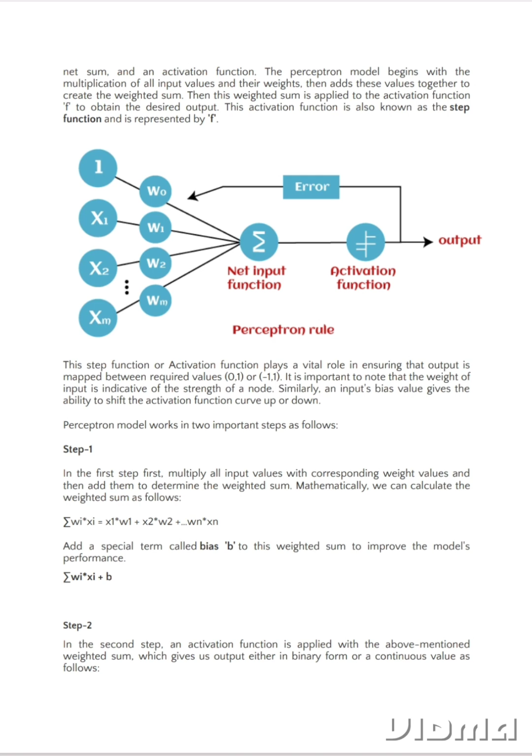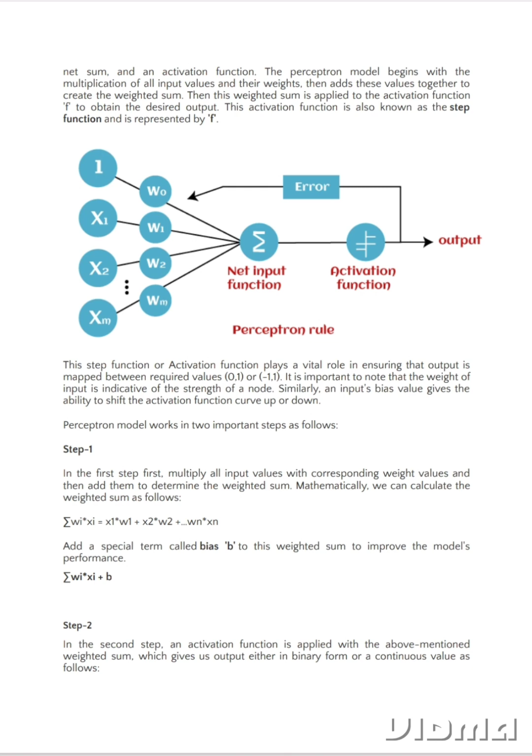The perceptron model begins with the multiplication of all input values and their weights, then adds these values together to create the weighted sum. Then this weighted sum is applied to the activation function, f, to obtain the desired output. This activation function is also known as the step function and is represented by f.